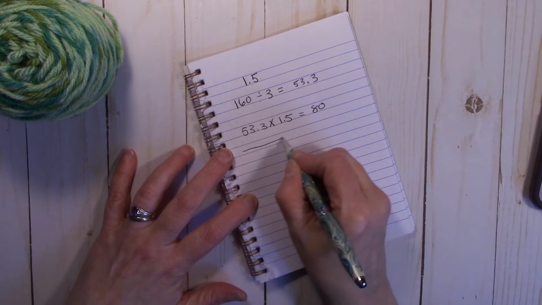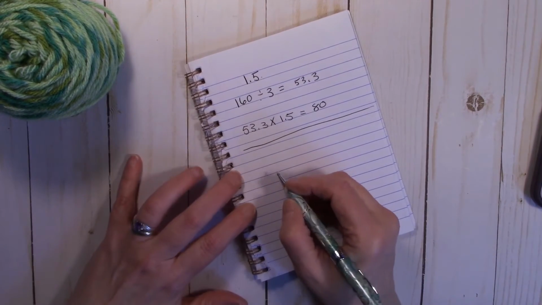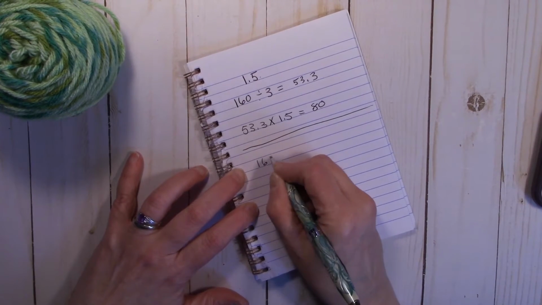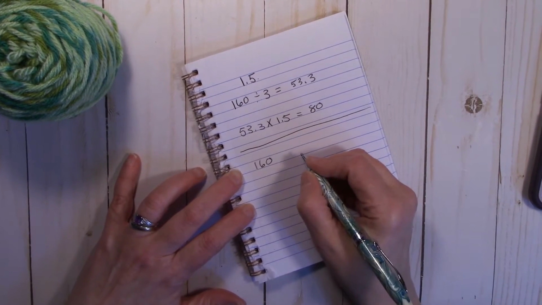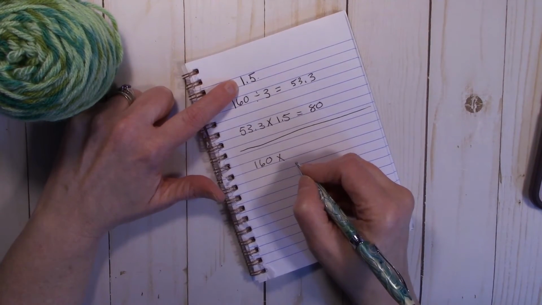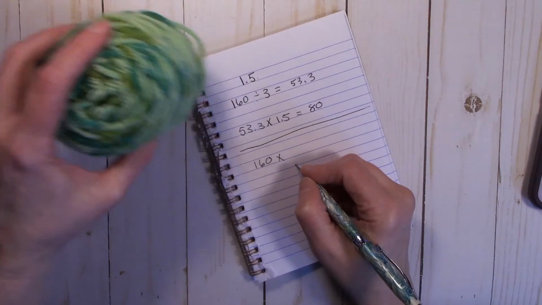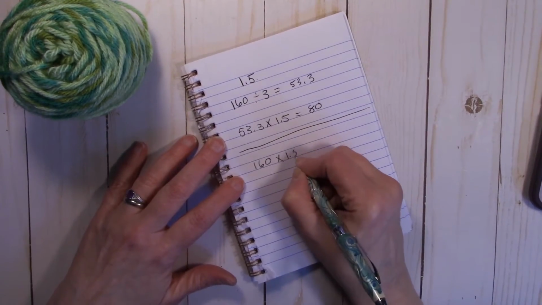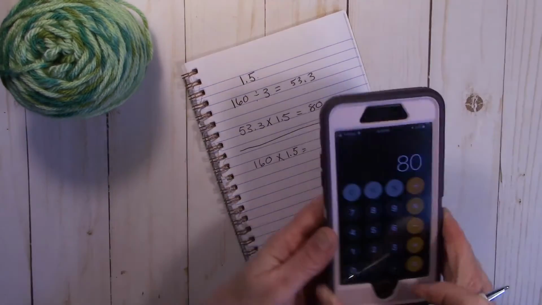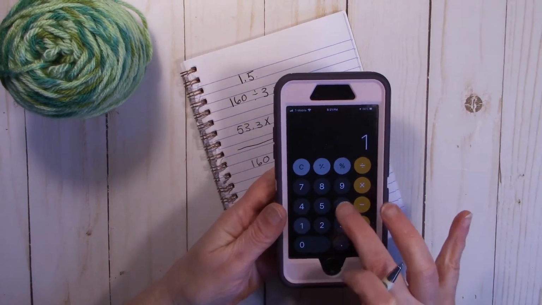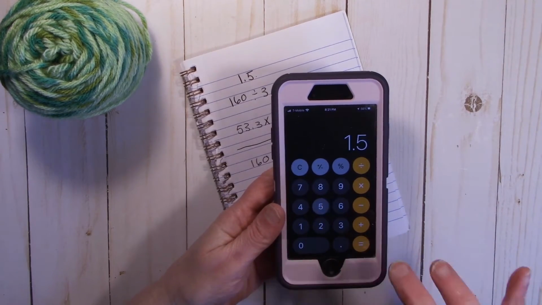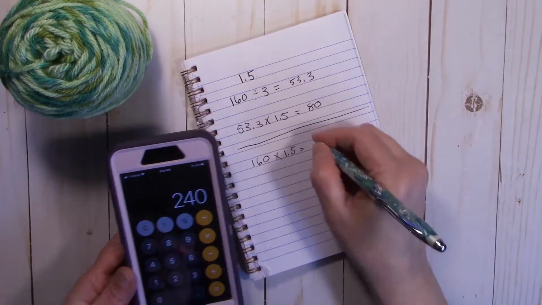Another way to do this is you would take the total yards of the full skein, which is 160, and we would multiply that by the weight of the partial skein. So that would be 1.5. So we're going to clear out our numbers here. We're going to take 160 and multiply it by 1.5, and that gives us 240.